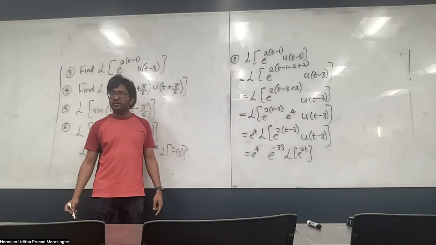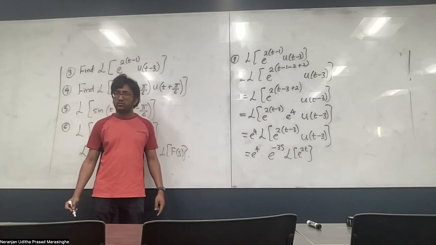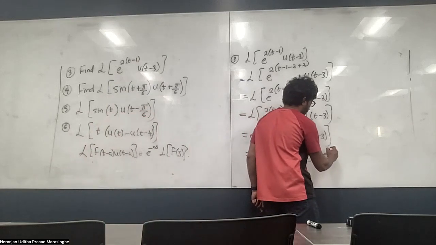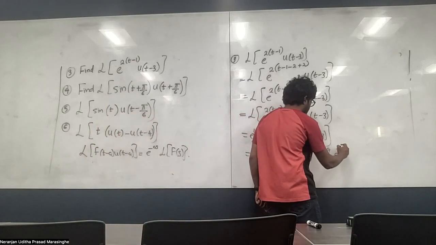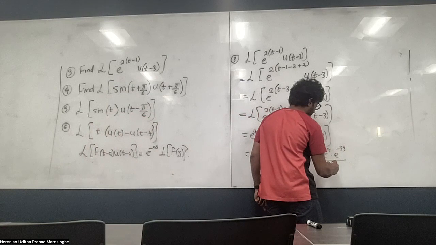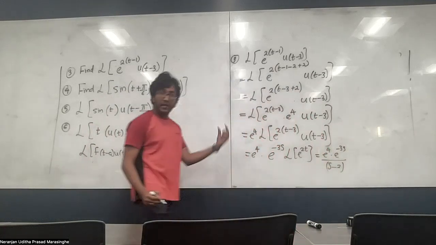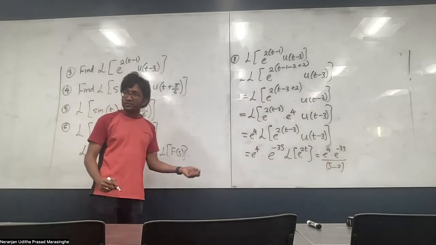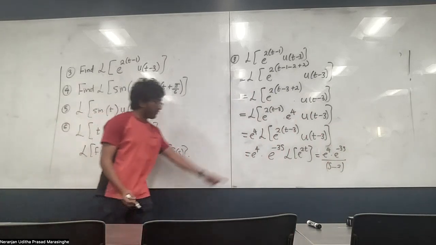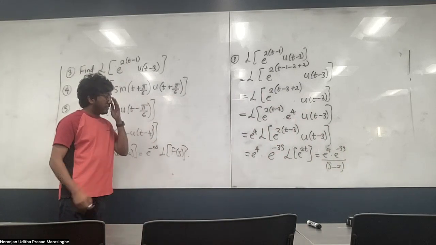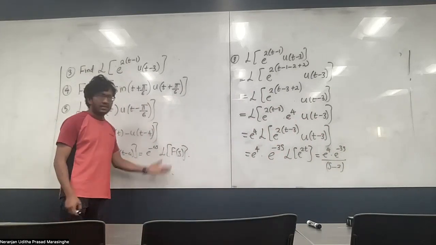It's 1 divided by s minus 2. Okay. We have e to the power 4, e to the power minus 3s divided by s minus 2. Because we proved that Laplace of e to the at is 1 divided by s minus a. I used that fact. This is another good problem from second translation theorem.